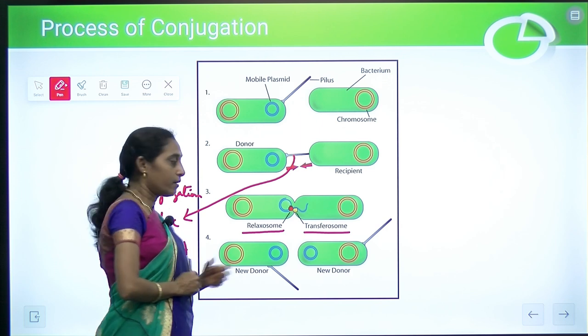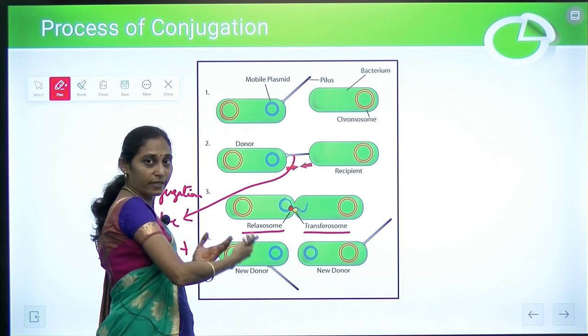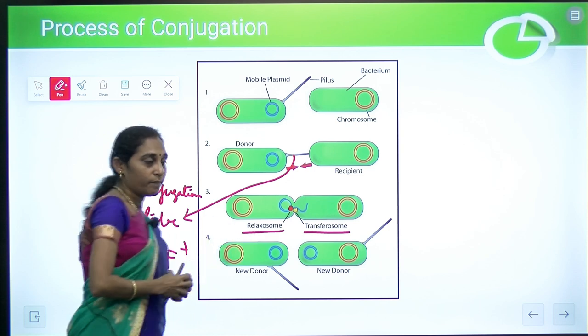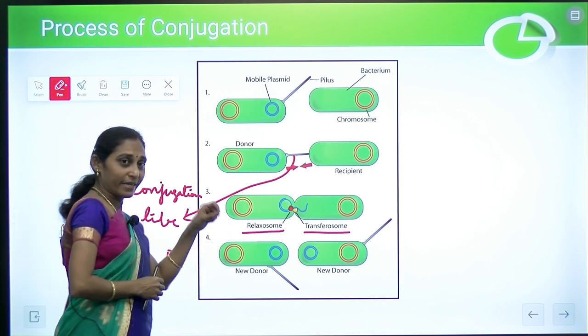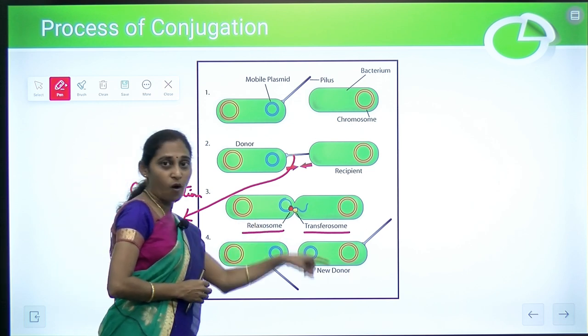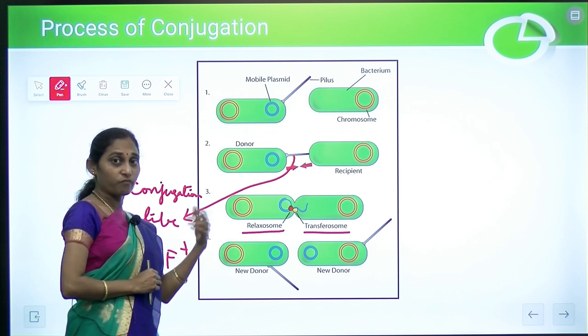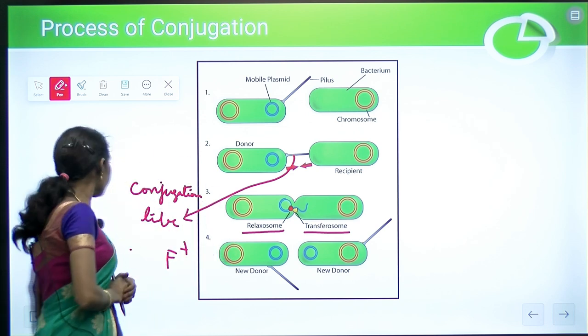In the same way, both the partners get the same plasmid. That is why F plus will never become F minus, and F minus transforms into F plus. This is the advantage of this process.